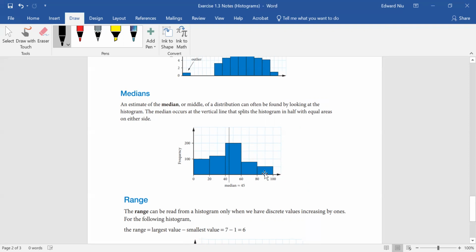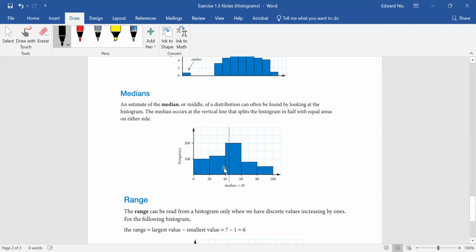What you then have to do is just approximate and go, well, what's half of 550? Half of 550 is about 275. So if this is 100 and this is another 125, this would mean there's 225. So 275 would somewhere be in this middle column of the histogram.